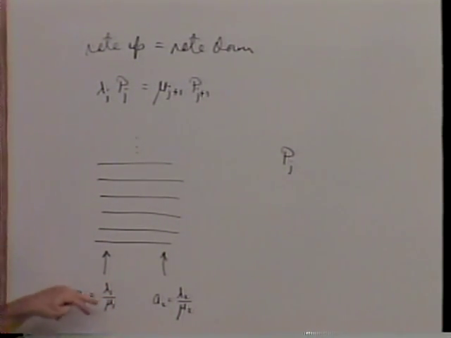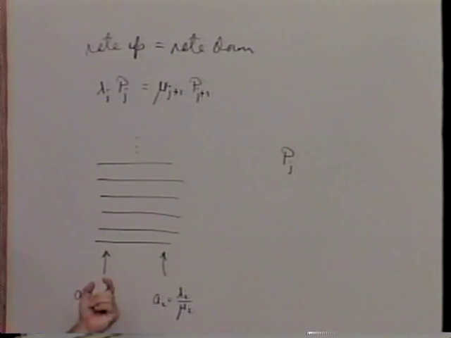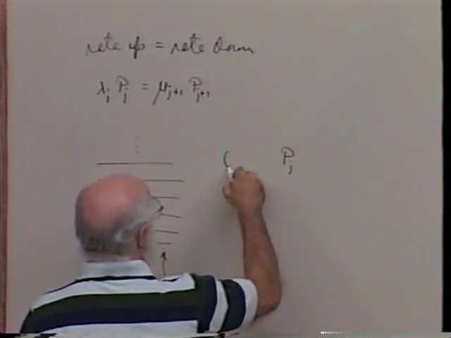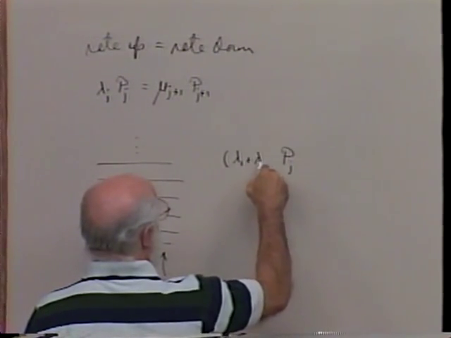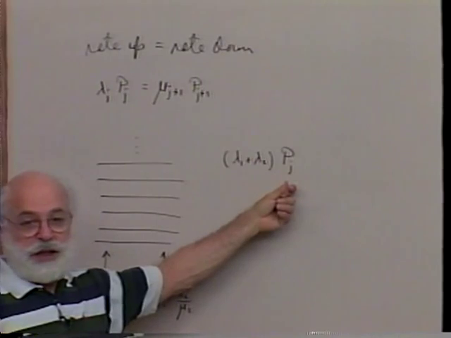So if this is a Poisson stream with rate lambda 1 and that's Poisson with rate lambda 2, then the aggregate stream is Poisson with rate lambda 1 plus lambda 2. So I could write this. So this would give me the rate up from state j.